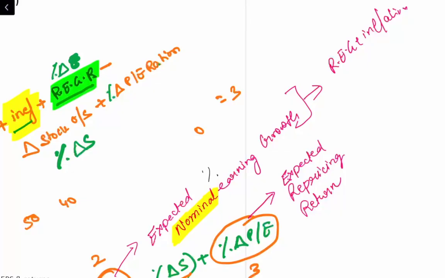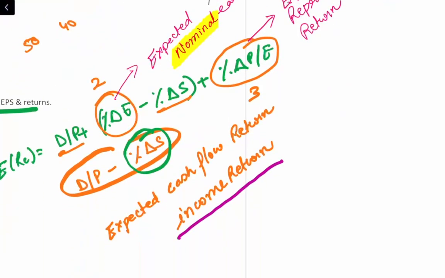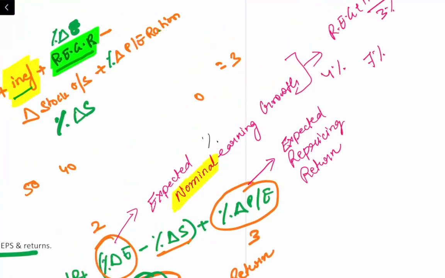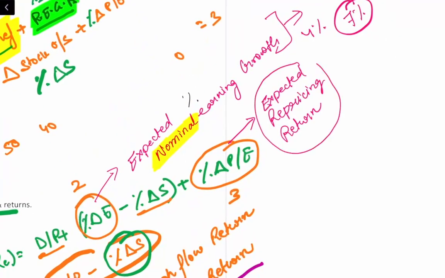Clear? So if a company is growing by 4% and the inflation is 3%, then the nominal earning growth of my company is 7%. Clear? So over here, suppose I am making 5%. Over here I am making 7% growth. That means 12%.